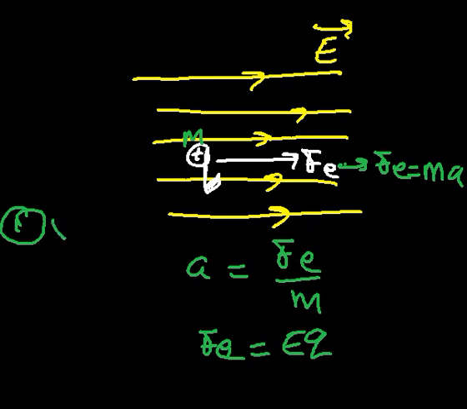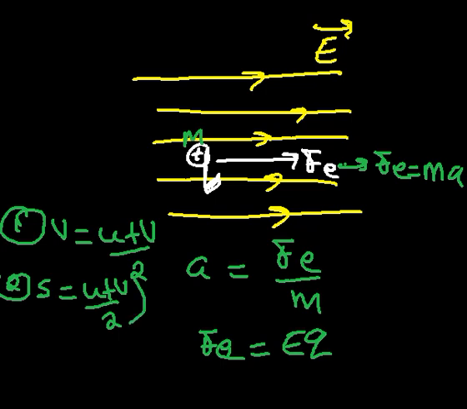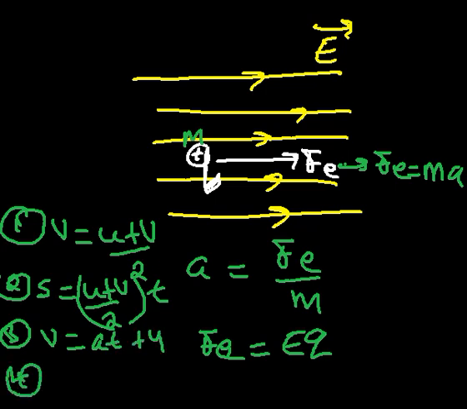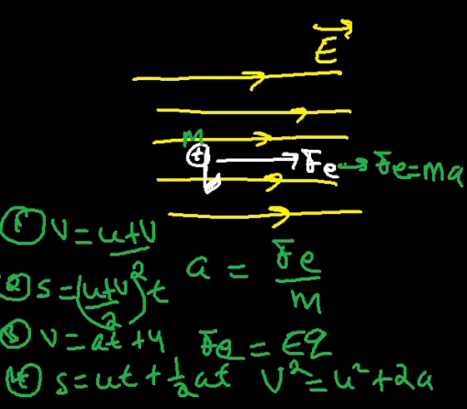The average speed is given as initial speed plus final speed divided by 2, and the displacement is u plus v over 2 times time. We also have the final velocity v equals u plus at, displacement s equals ut plus half at squared, and finally v squared equals u squared plus 2as.